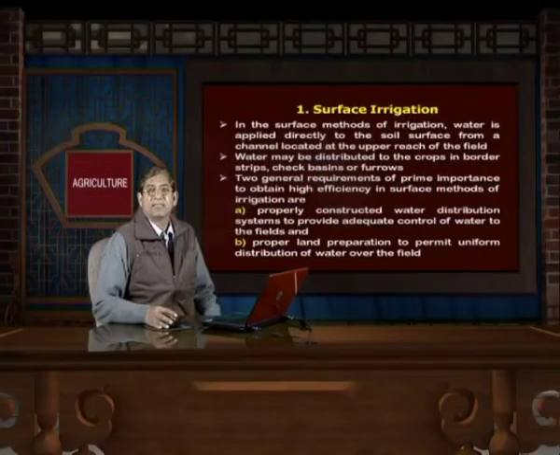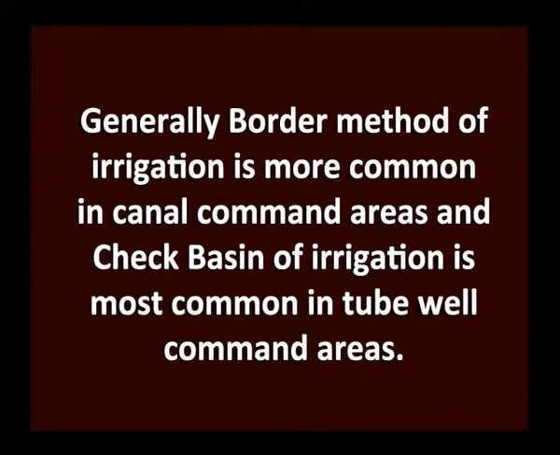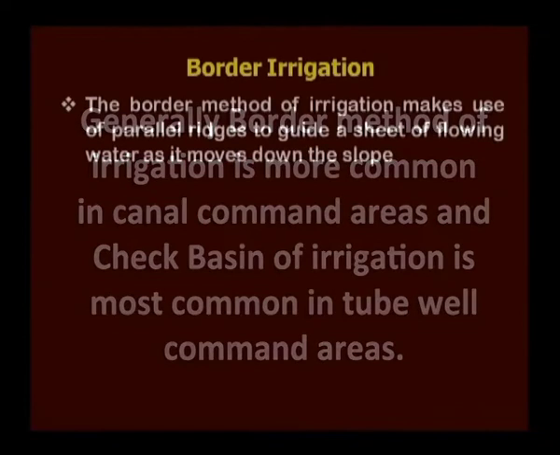These methods, that is border method of irrigation, check basin method of irrigation and furrow method of irrigation, are widely adopted. Out of these three methods, generally the border method of irrigation is more common in canal command areas and the check basin method is most common in tube-well command areas.